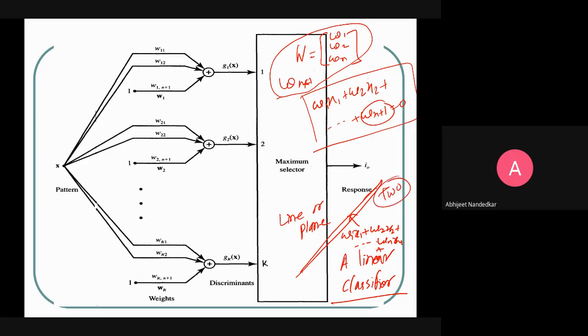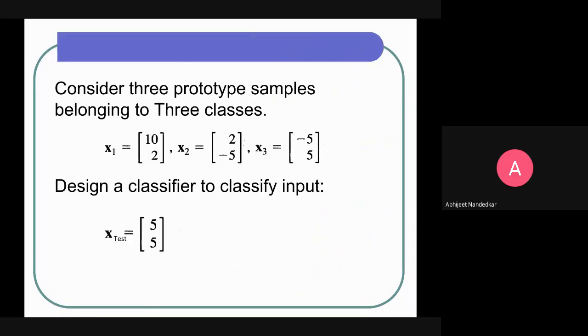If there are multiple classes, then I may have to adjust several such lines so that all are properly classified. So we took an example of a three-class problem. There are three prototypes. You can assume that they are centroids of three classes.